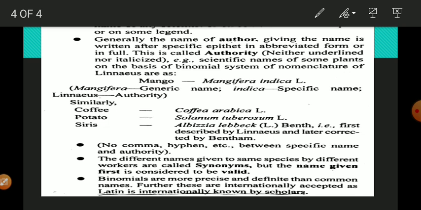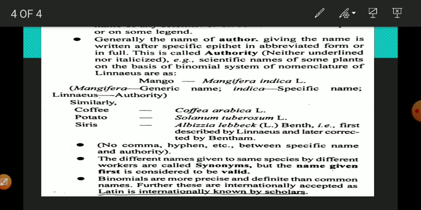Binomials are more precise and definite than common names. For example, at home we call each other by nicknames, but our certificate name is something else. In official matters they know us by our certificate name, not our nickname.